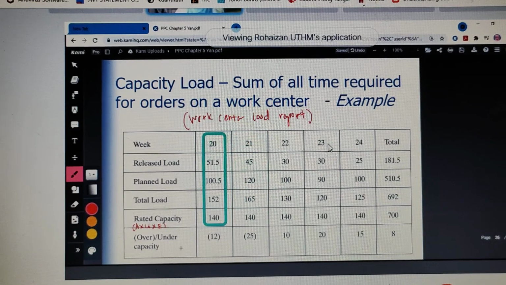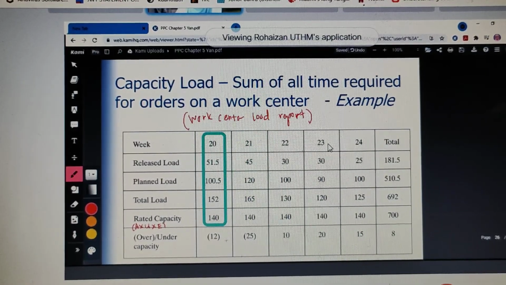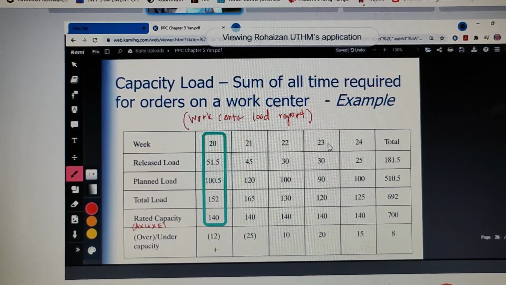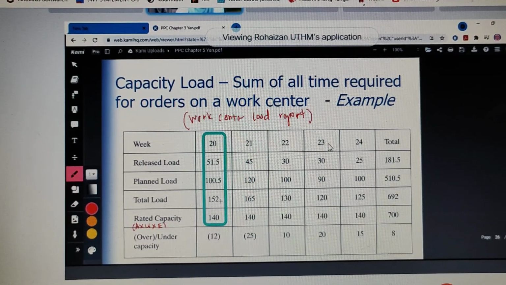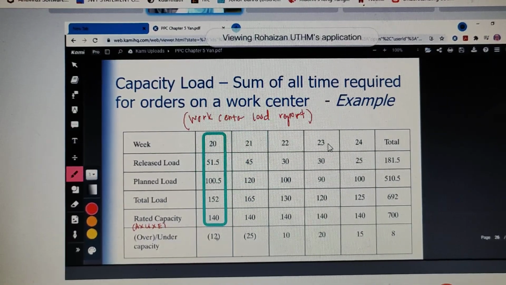So at the bottom table, we have over in brackets or under capacity. If the value is in brackets, it means it is over capacity. How do we get it? We divide the total load by the rated capacity. It means the required divided by what we have. Sorry, mistake. We need to divide what we have by what we required.